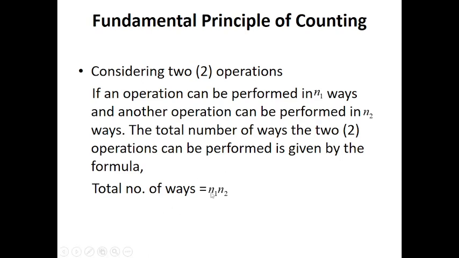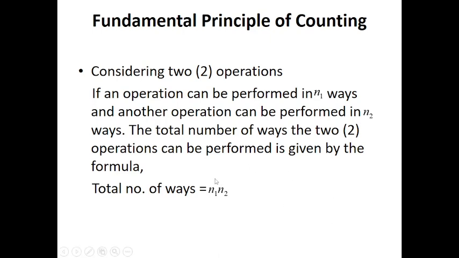So the total number of ways is equal to the product n1 times n2, n sub 1 times n sub 2. This is the fundamental principle of counting considering two operations.